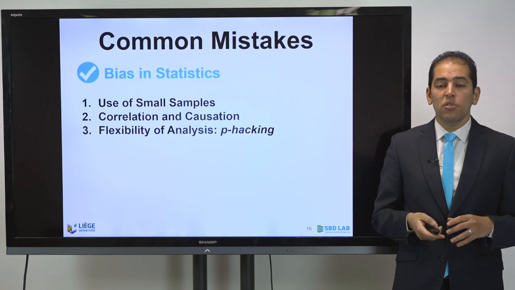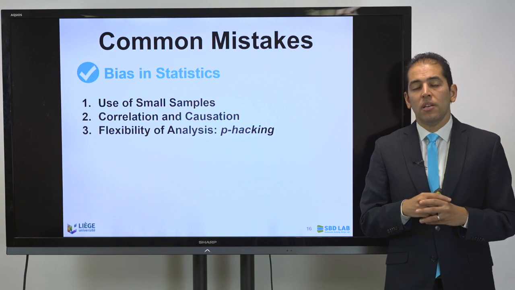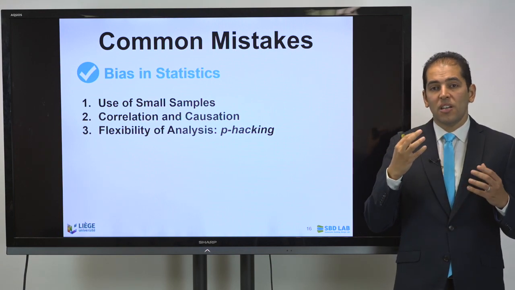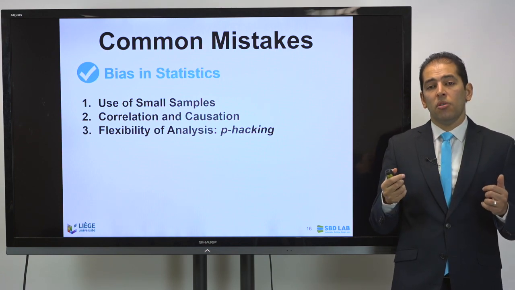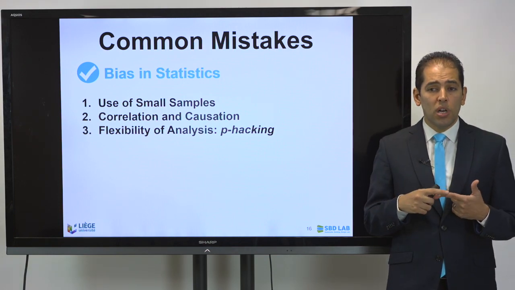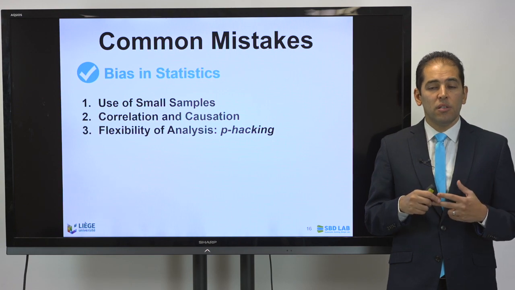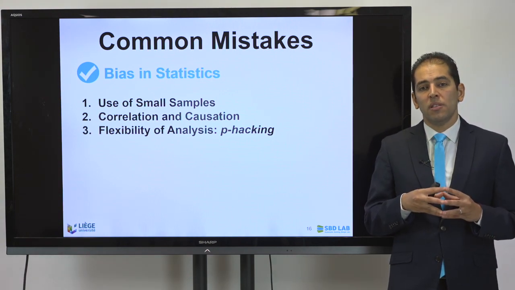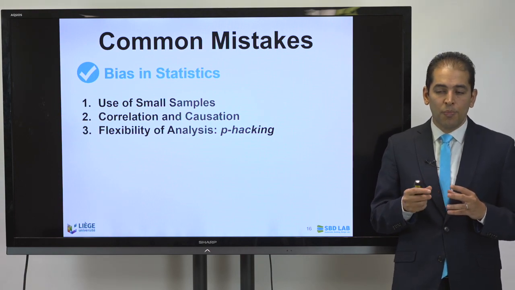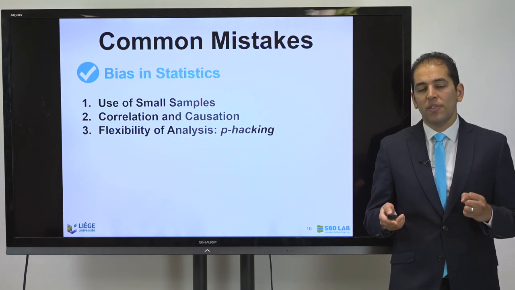Now allow me to move to the following mistakes that many researchers using statistical research make, which are using small samples, confusing causation with correlation, or manipulating the p-value by conducting flexible analysis and performing the famous p-hacking tricks. So allow me to explain each of them in detail.